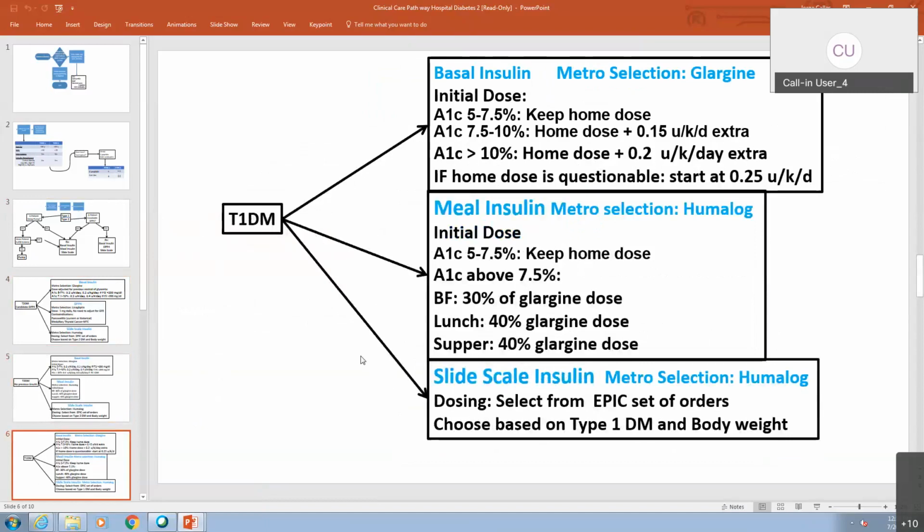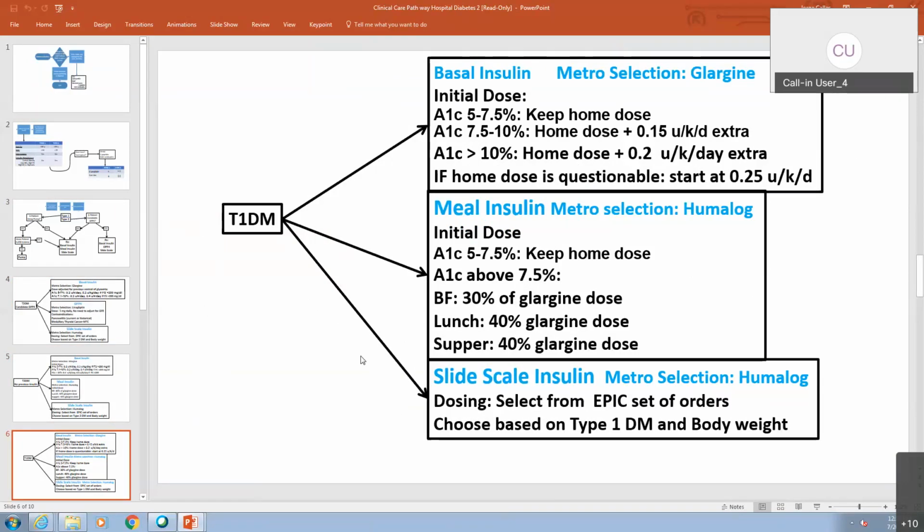Type 1 diabetic patient, okay? For your basal, we use glargine, Lantus, okay? Why? Because it's long-acting, it's stable, and it's the cheapest one. Okay, Tresiba would be my choice, but it is very expensive, okay? So we're going to be segregating the patients into different levels of A1C at entry.